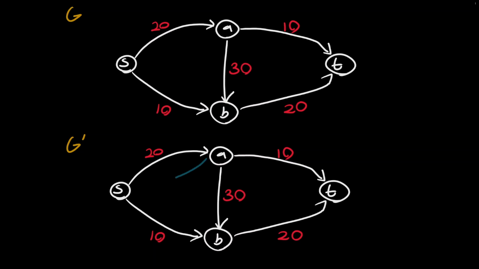So we're going to create a backwards edge of 20. And then reflecting this, we're going to have our forward edge be 0. This path along here, this middle one, is going to have a backwards edge of 20 as well. We're going to have to update the forward edge, and now that's going to be 10. Then we have to create the backwards edge here again, which is going to be 20 since we spent 20.